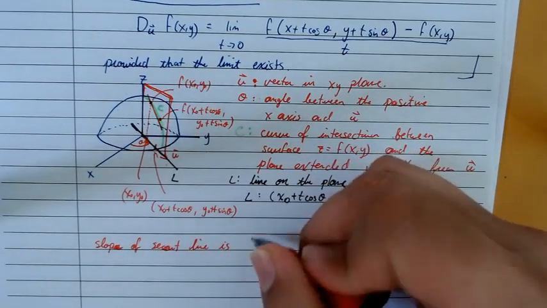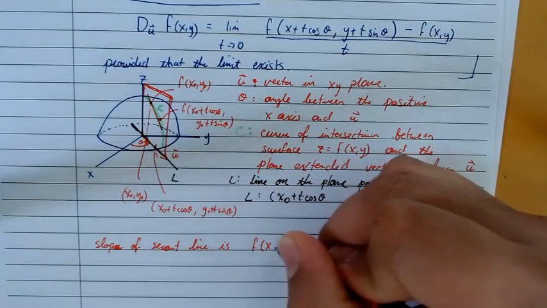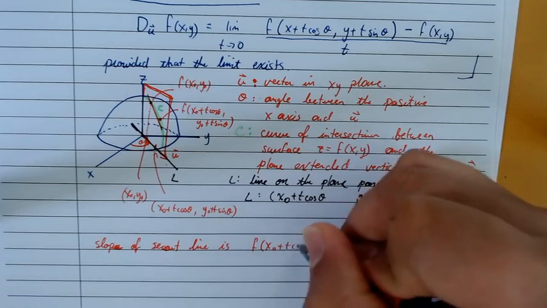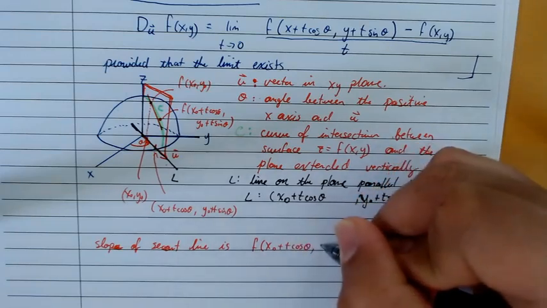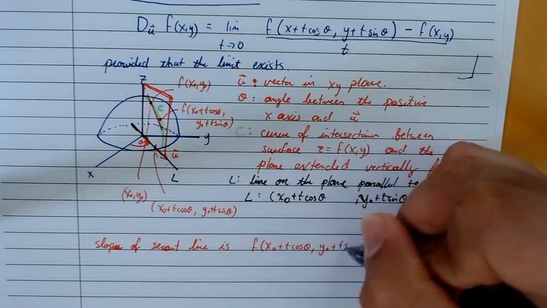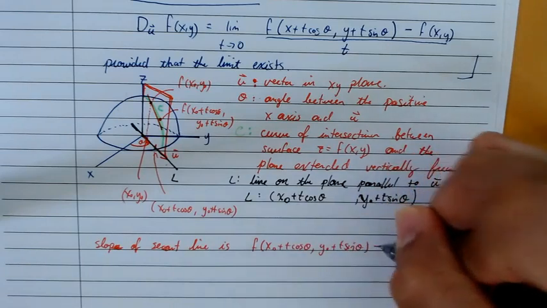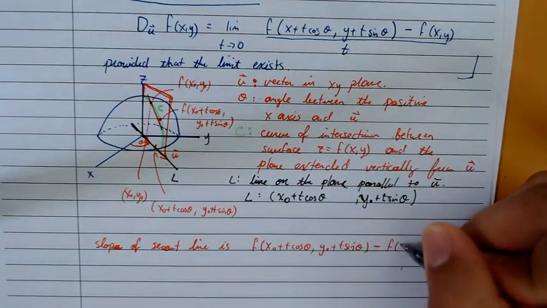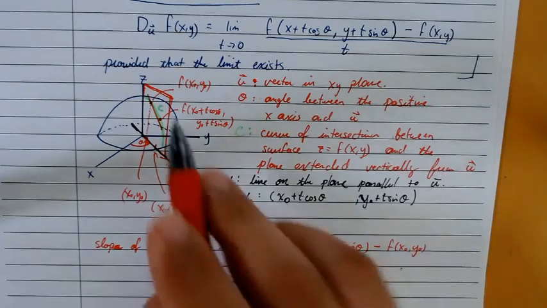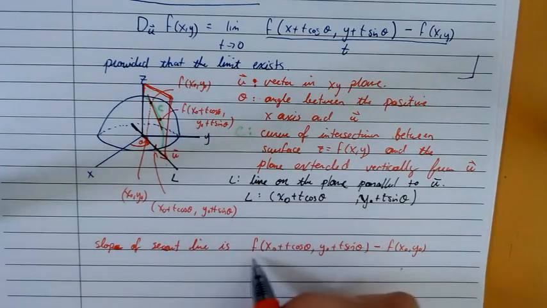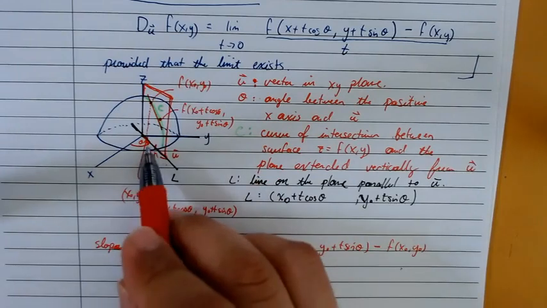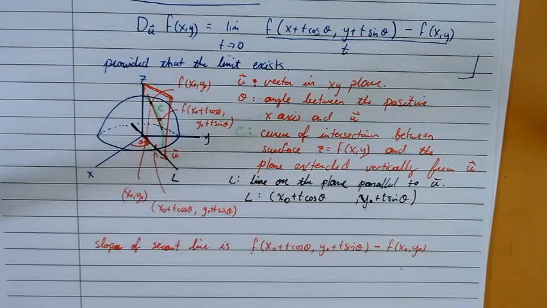Okay, so that would be f of x naught plus t cosine of theta, comma, y naught plus t sine of theta, minus f of x naught comma y naught, we're subtracting our two heights, divided by, okay, well now we need the distance between these 2 points.